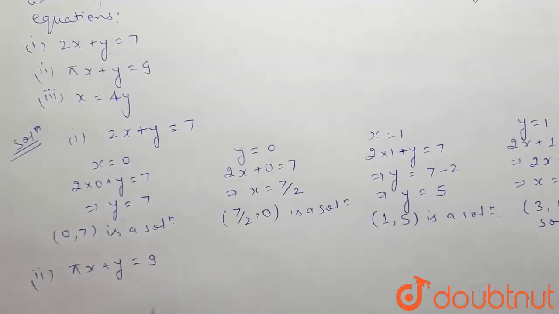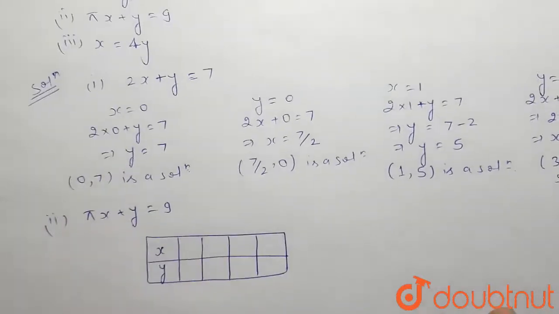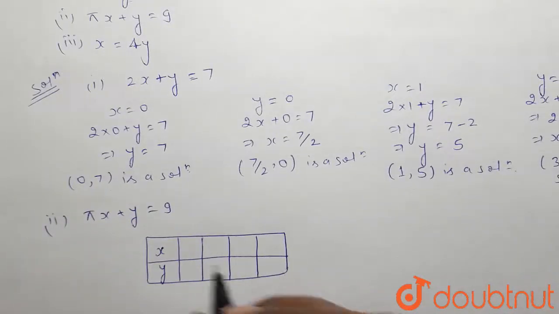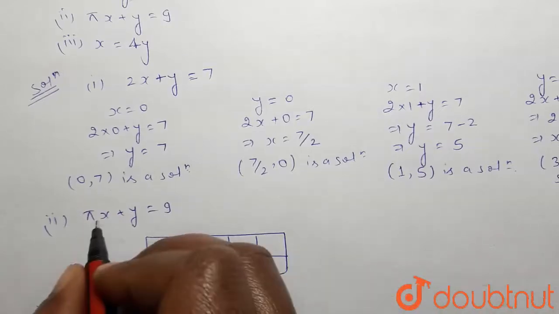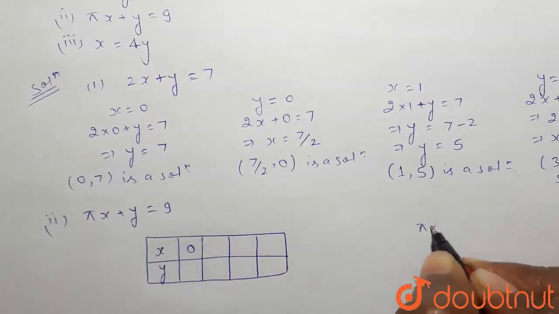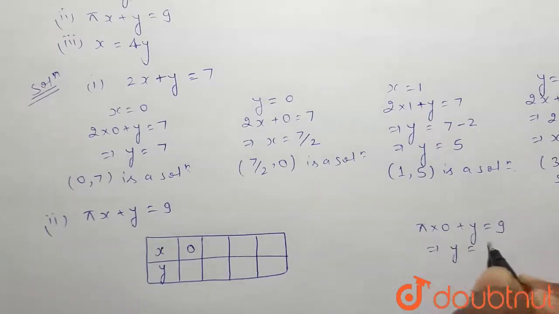Now in the second part, we have to find the solutions of pi x plus y equals to 9. So let's make a box, then divide it into 4 parts, x and y. Now we will put the value of x here and find the value of y. So let's first put the value of x as 0. Then the equation will be pi into 0 plus y equals to 9, and this gives y equals to 9.